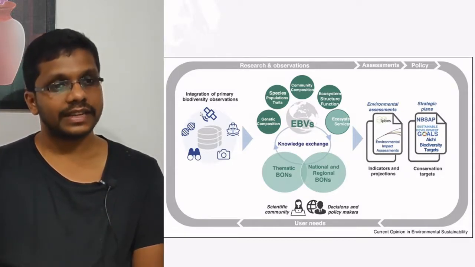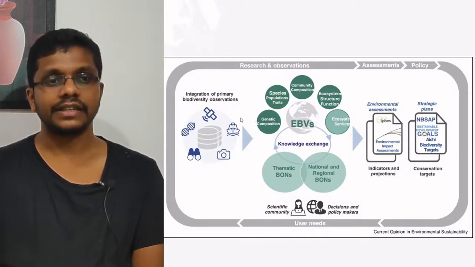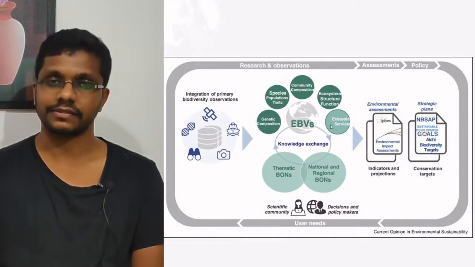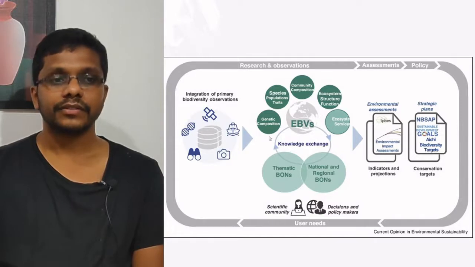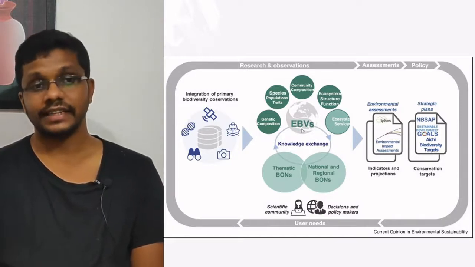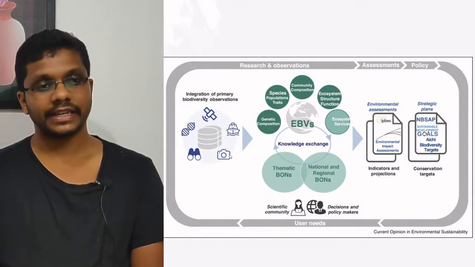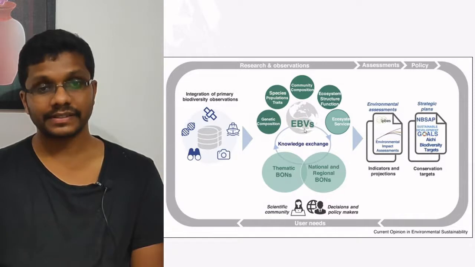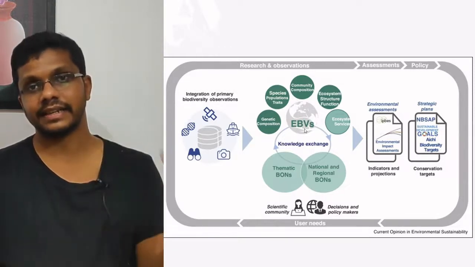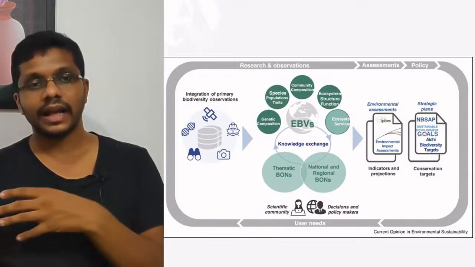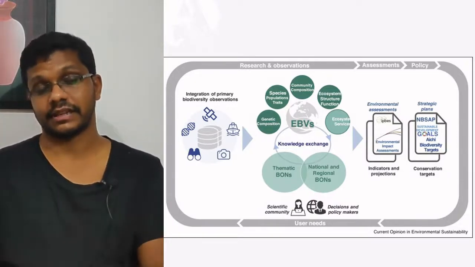So we will get data about the allelic diversity, species diversity, community diversity, ecosystem structure, function, and services. So the EBV is actually an intermediate in this flow. First we will get the primary data, we will convert the primary data into EBVs, and EBVs actually represent the biodiversity. Diversity at allelic level, species level, community level, ecosystem level, and ecosystem services level.